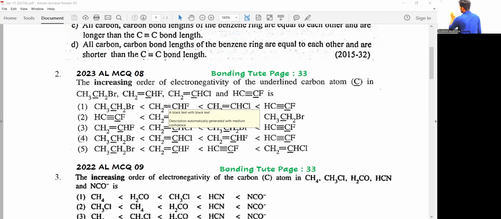But actually, electronegativity is not a constant number like that. If you go to the definition, you will understand. Electronegativity is the ability to attract electrons in a bond toward itself. That ability is not going to be constant because a given element will form various types of bonds.